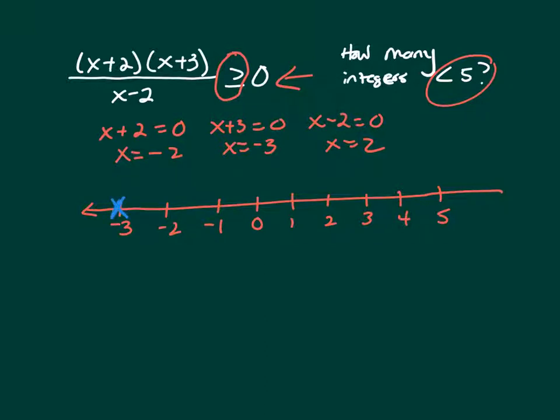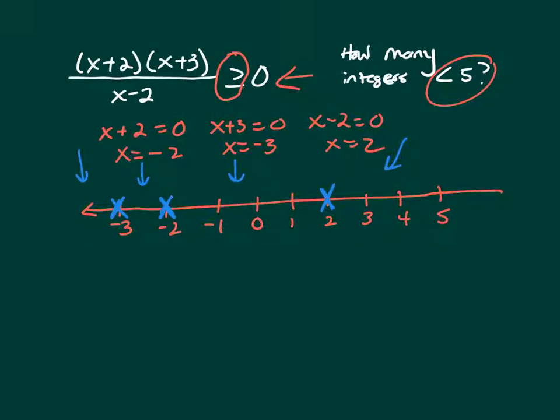So negative 3 is a critical number, negative 2 is a critical number, and 2 is a critical number. So if you look, you have broken your number line into 4 pieces. You got a piece here, here, here.